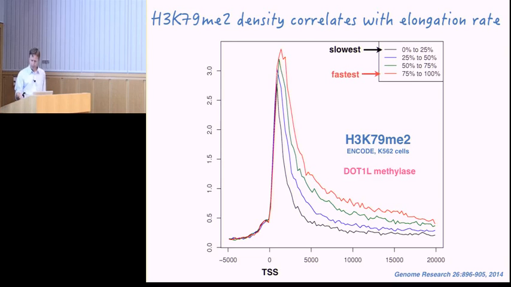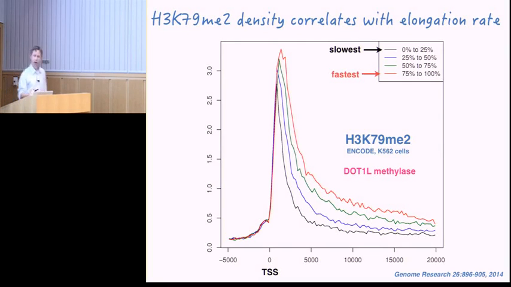And this particular mark is put on by a histone methylase called DOT1L that is misregulated in certain types of tumors. So we're very interested in how that plays a role in carcinogenesis and whether elongation rate plays some role in cancer.